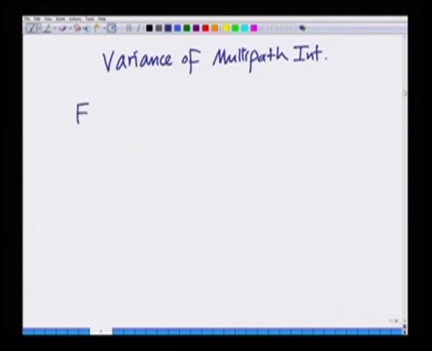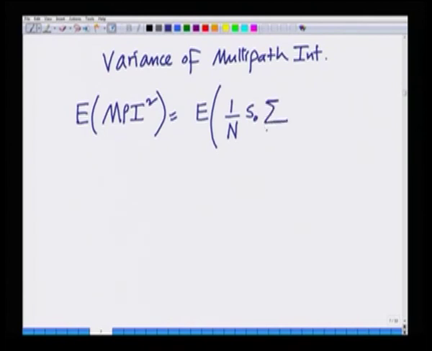The variance of this multipath interference is nothing but expected MPI square, which is nothing but expected of the square of this term, which is expected of 1 over n S0 summation d equals 1 to L minus 1 H0 of d times R00 of d, whole square.